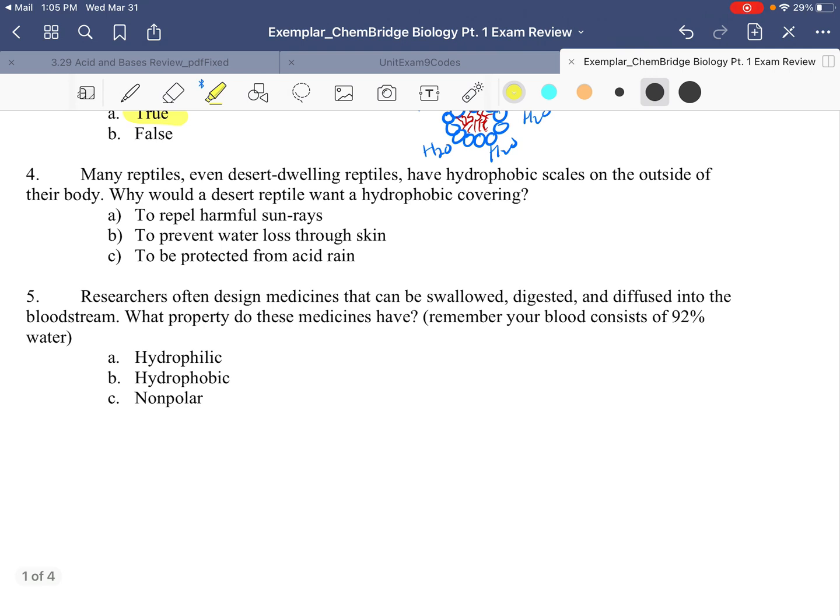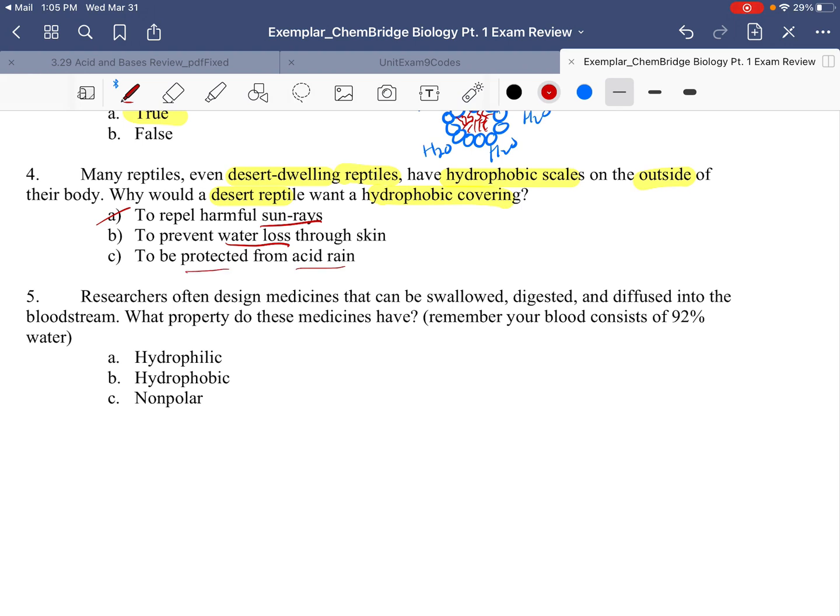Many desert-dwelling reptiles have hydrophobic scales on the outside of their body. Why would a desert reptile want a hydrophobic covering? So look at this one carefully, guys. Hydrophobic has to do with water. We would not look at A because it's talking about sun rays. Water loss, it definitely will do that for hydrophobic, and protection from acid rain.